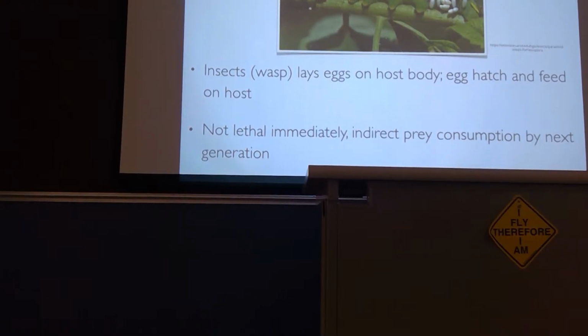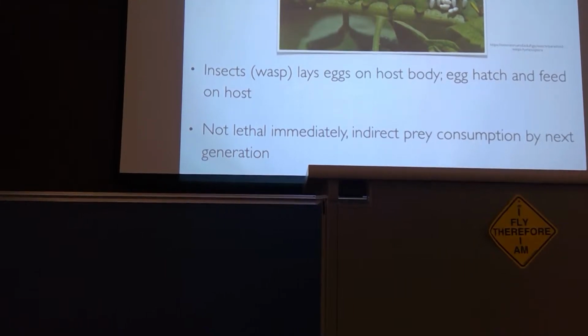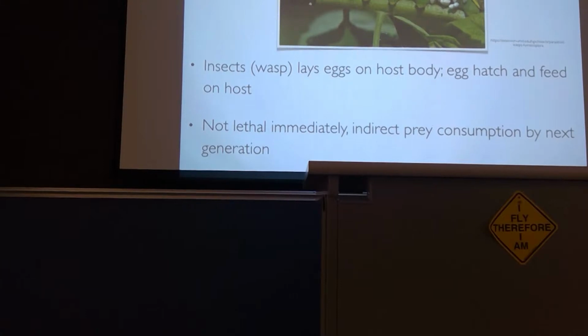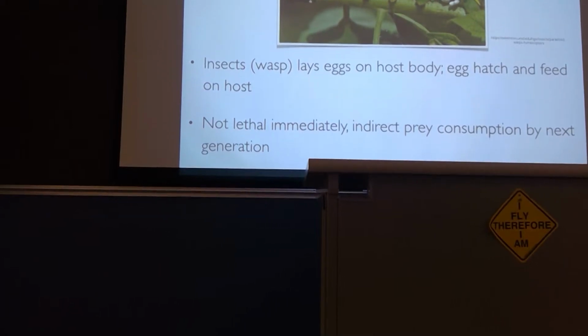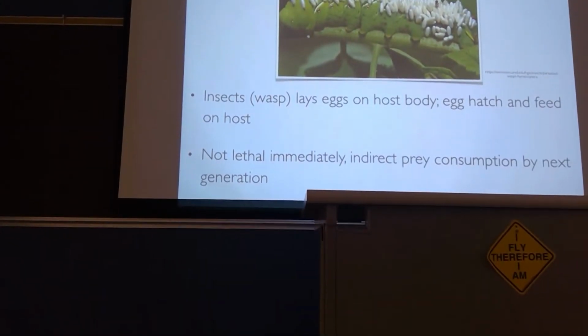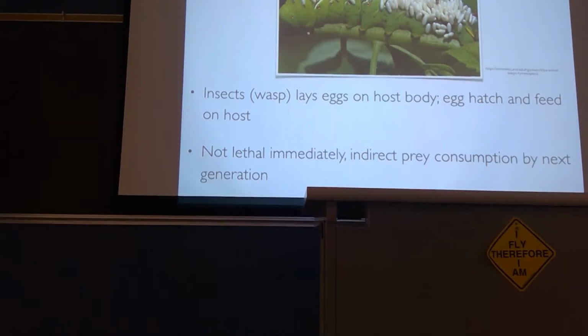But these host-parasitoid relationships are very specific, and we don't see them across a broad range of the animal kingdom. I couldn't put my finger on exactly why, but they're so specific that it has to happen at just the right moment in terms of egg laying and then prey consumption in order to work in terms of life cycles, that it just hasn't been adapted by too many types of parasites or predators.